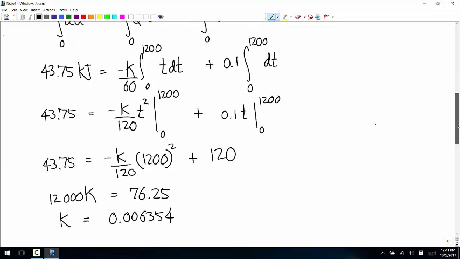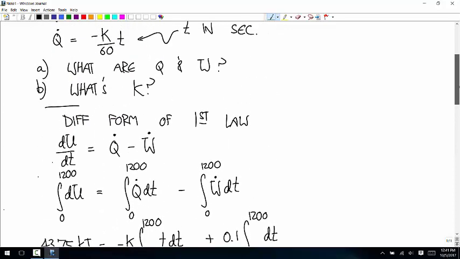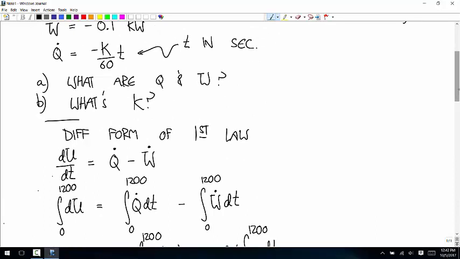And I suppose we could figure out the units on that. Kilowatts per second squared, something like that.